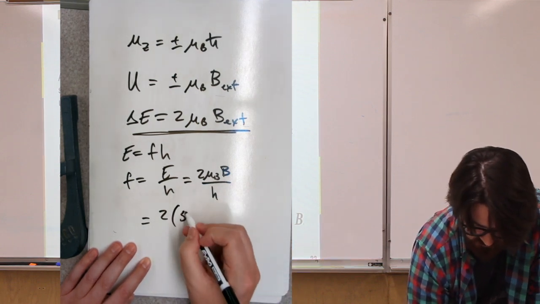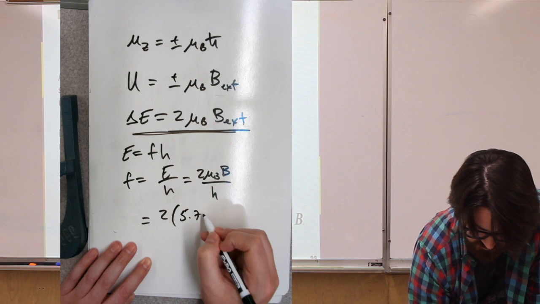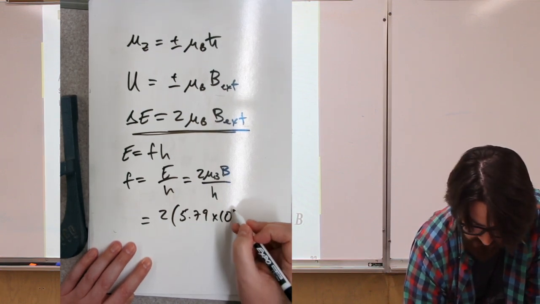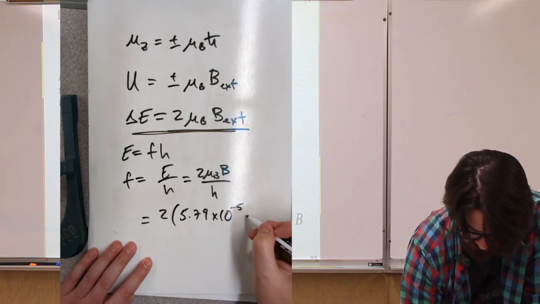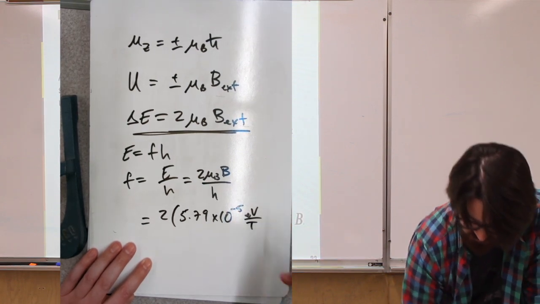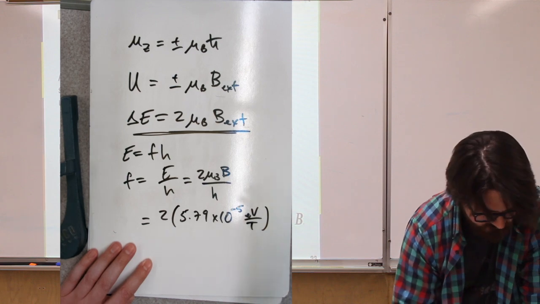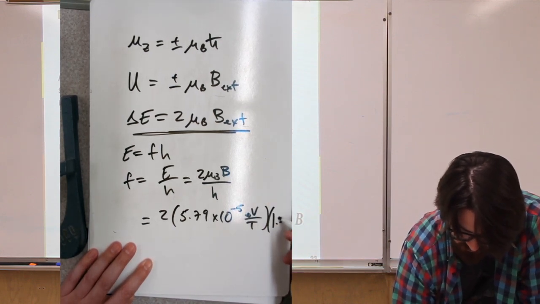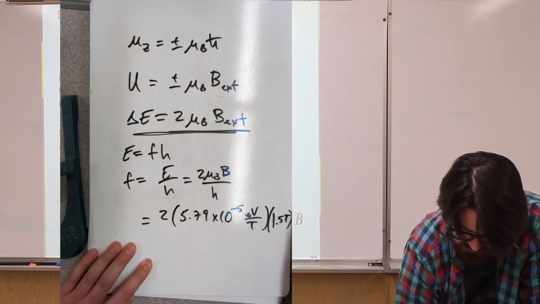The Bohr magneton is 5.79 times 10 to the minus 5, and that's in terms of electron volts per Tesla. Strange units, but that's what it is. The strength of the magnetic field we were given was 1.5 Teslas.